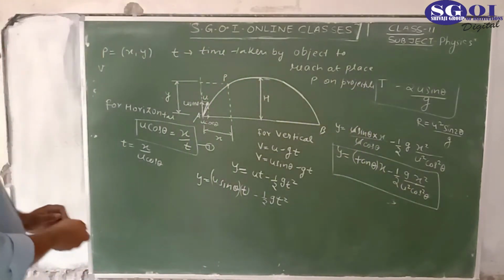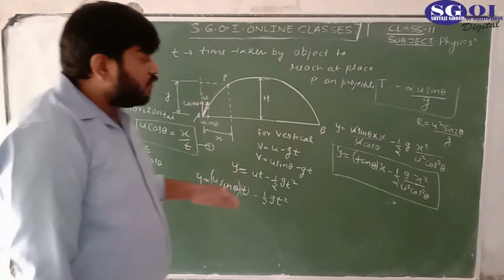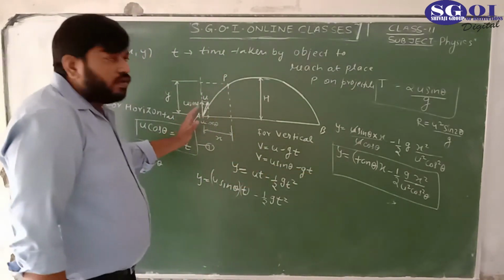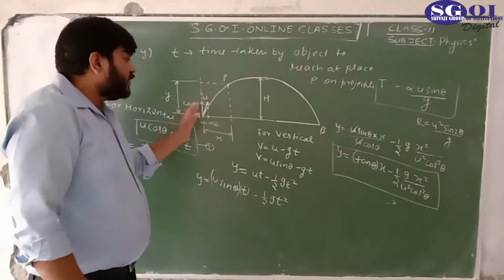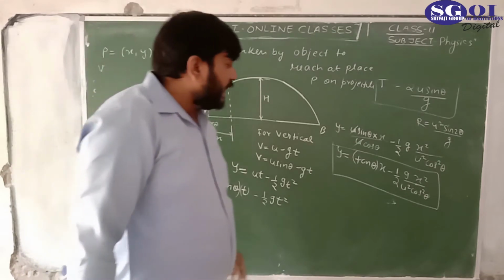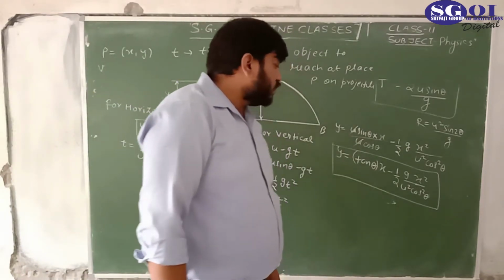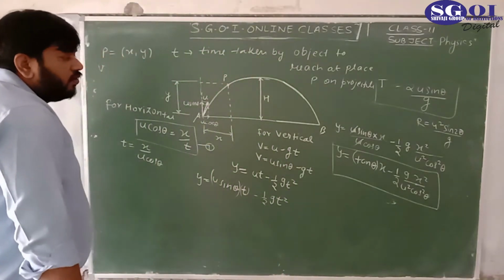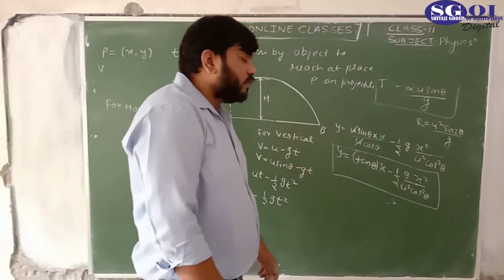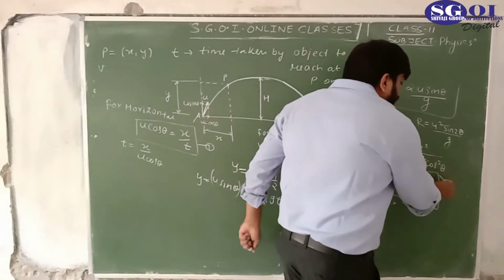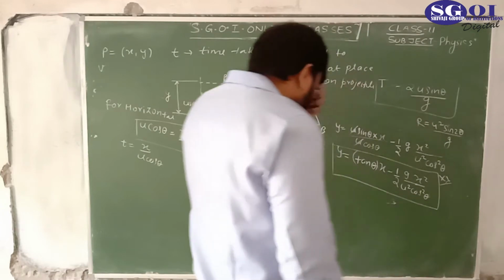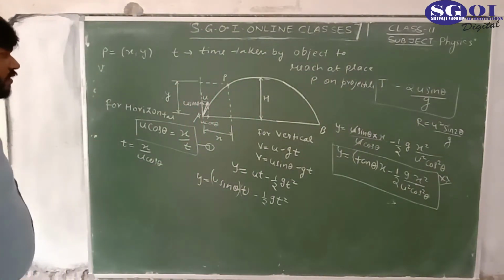This is the equation of this projectile, of this trajectory: y equal to tan theta x minus 1 by 2 gx square upon u square cos square theta. So this is the equation of this particular trajectory, which you can find very easily.